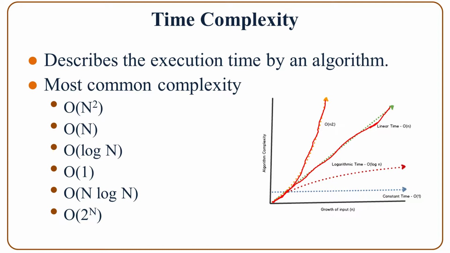O of log of n is better. And the best here is the constant time, O of 1. We also have others such as O of n times log of n and O of 2 to the n.